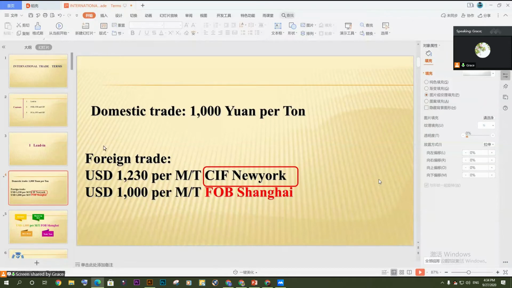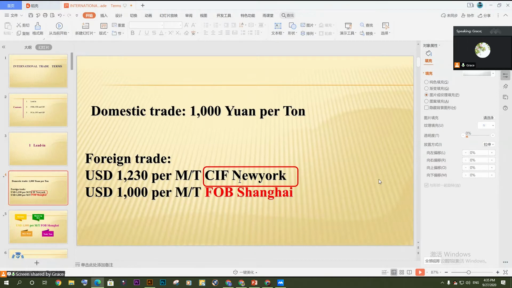But if we quote in foreign trade, we can quote like this: US dollar 1,230 per MT, CIF New York. And we use this CIF, that is one of the international trade terms.